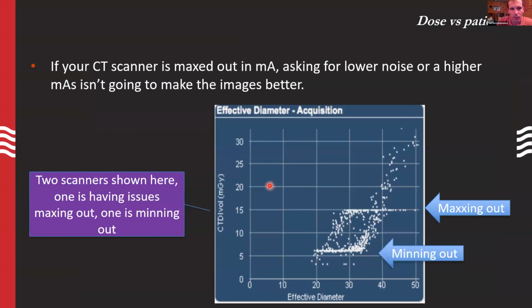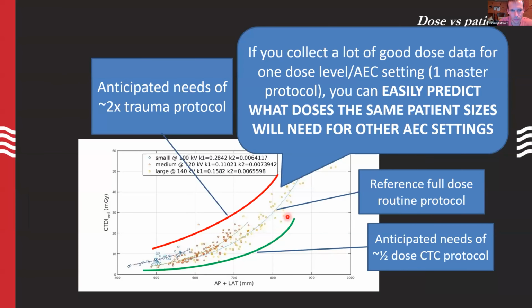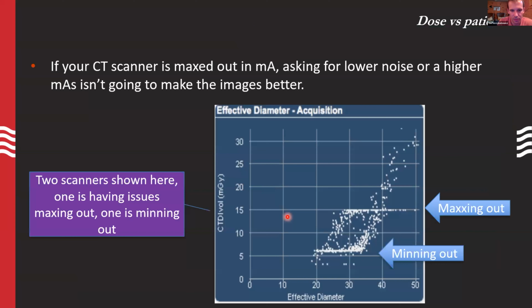Okay. So this is more examples of me pulling some of this information from, this last one was from a homebrew dose monitoring system. These blue plots are from a commercial dose monitoring system. So this is really what you want to be looking for, right? If our scanner is maxing out or minning out, because when that's happening, we know we're not providing our radiologist with the proper level of image quality.